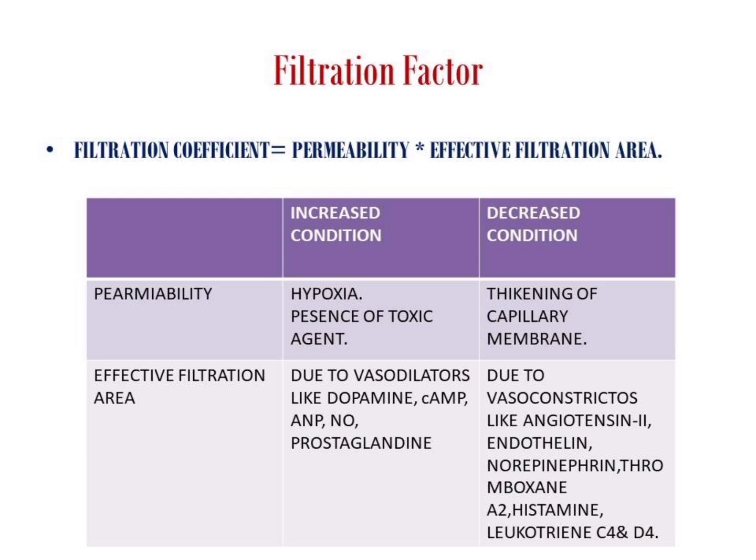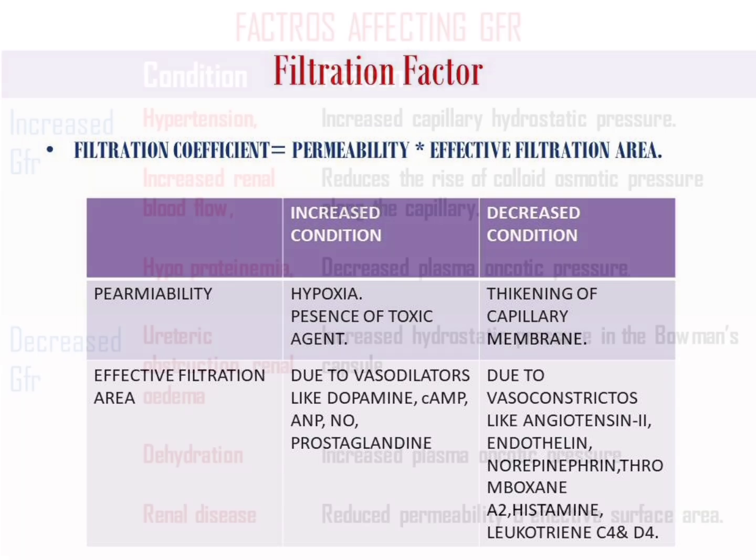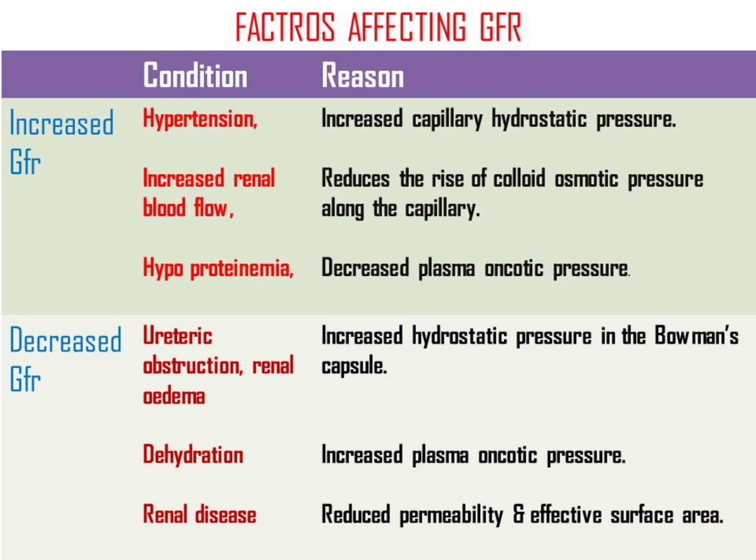Vasodilators like dopamine, cyclic AMP, and nitric oxide cause relaxation of mesangial cells, causing an increase in GFR by increasing the filtration area of glomerular capillaries. Look at this slide.